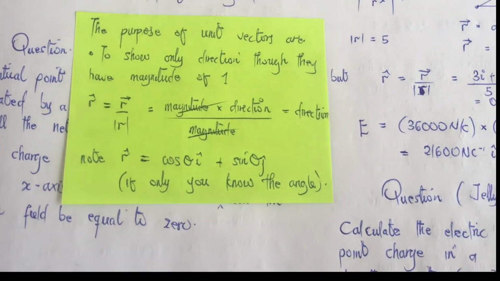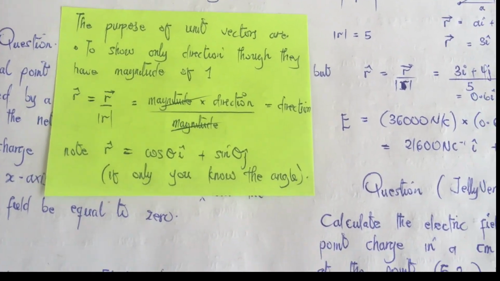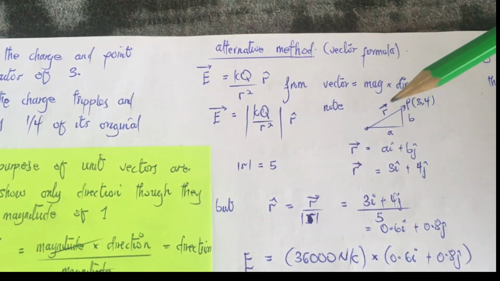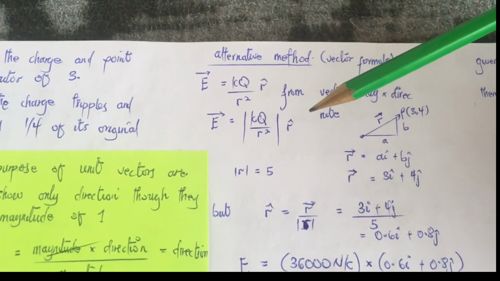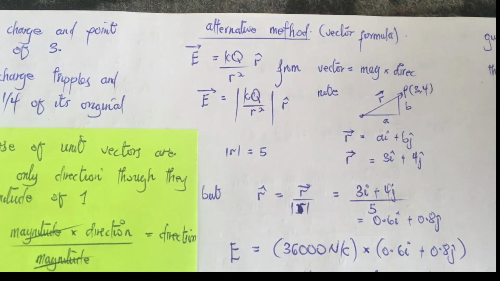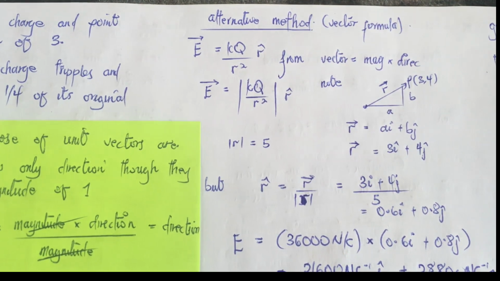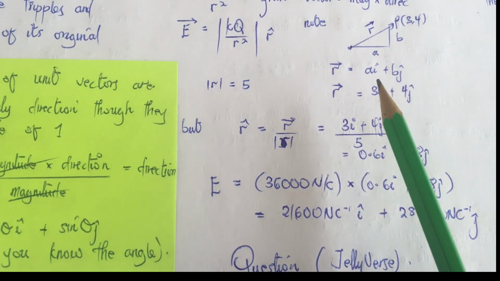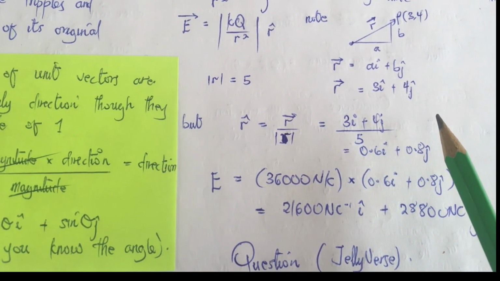Now let's consider this alternative method. After finding the magnitude of the electric field, you multiply it by your unit vector. But how do you get the unit vector? From here you have your vector, 3i plus 4j.